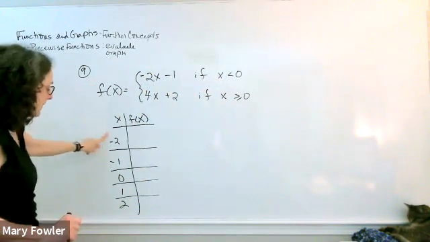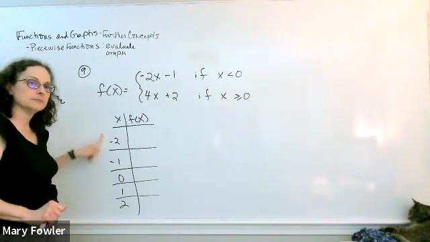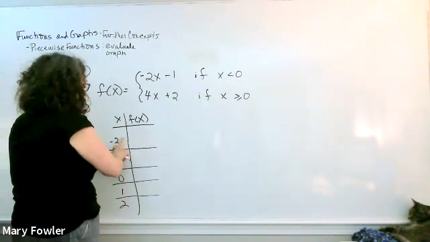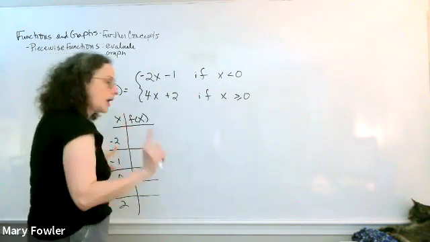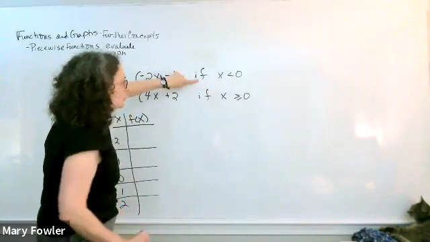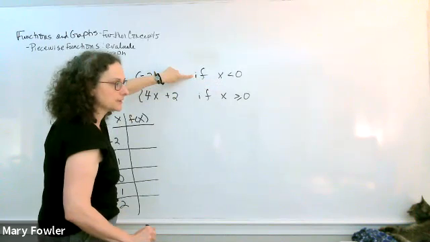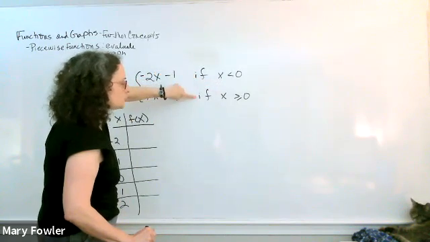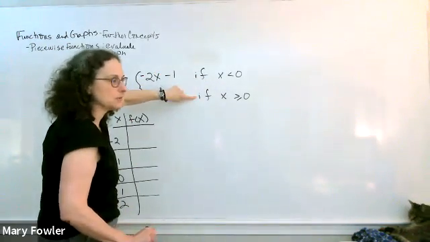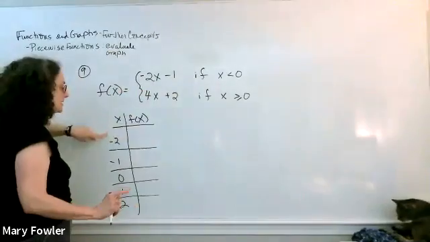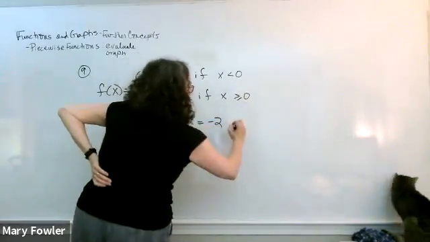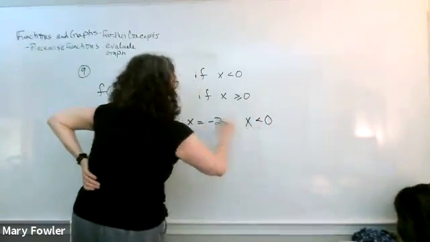So I chose some values here for x, and to figure out what f of minus 2 is requires first that we determine if minus 2 belongs in the top row, for x less than 0, or in the bottom row, for x greater than or equal to 0. So if x equals minus 2, then we see x is less than 0.